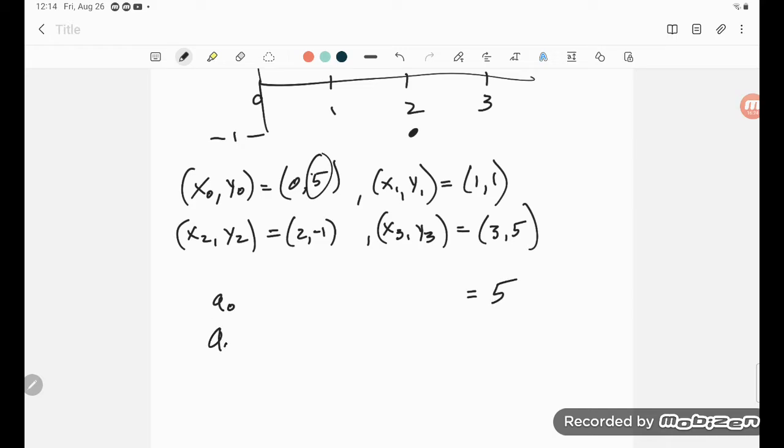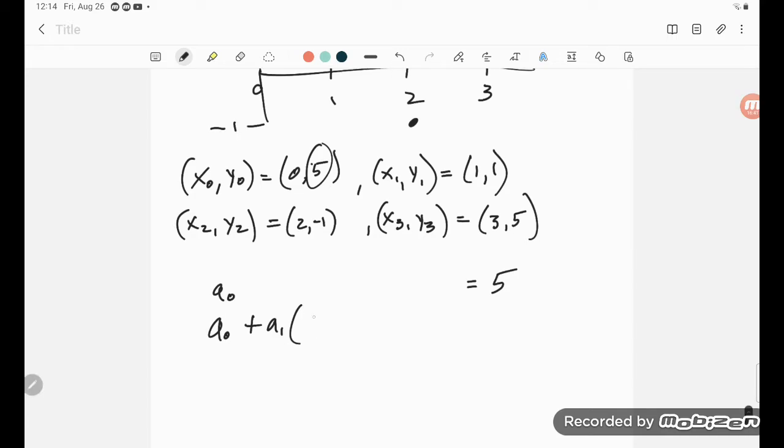And then we get a0 plus a1 times, now remember that was x1. Sorry, I was looking back up there and lost my train of thought.